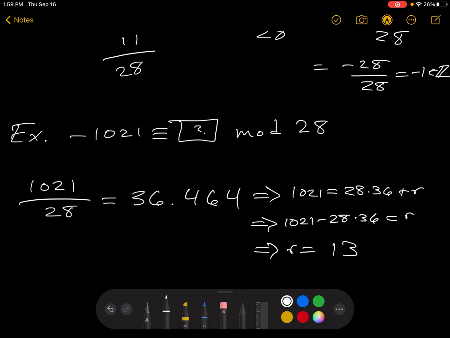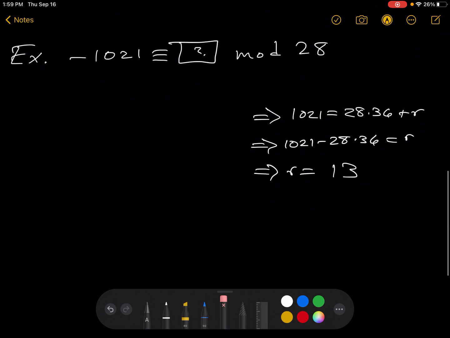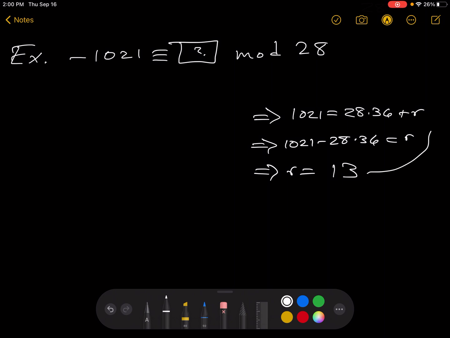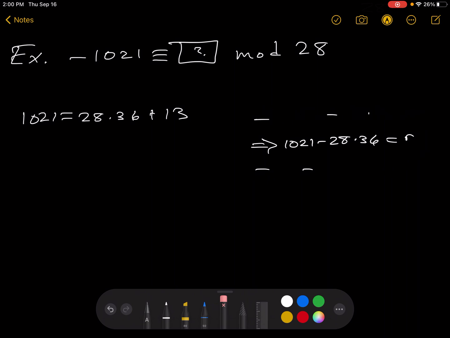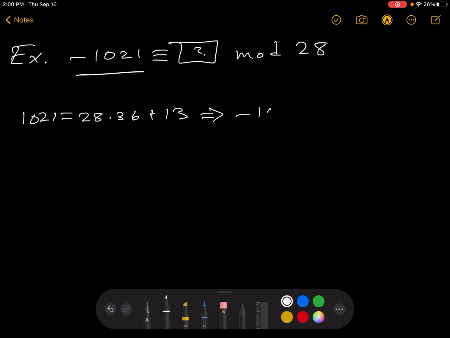Now the remainder is 13, and that 13 just goes right there. So you have 1021 equals 28 times 36 plus 13. Because we have a negative 1021, we get negative 1021 equals negative 28 times 36 minus 13.